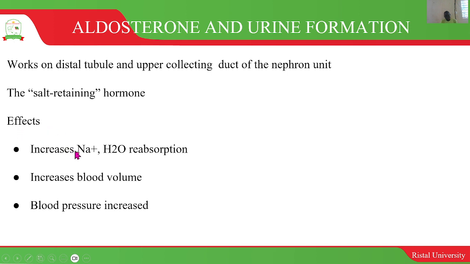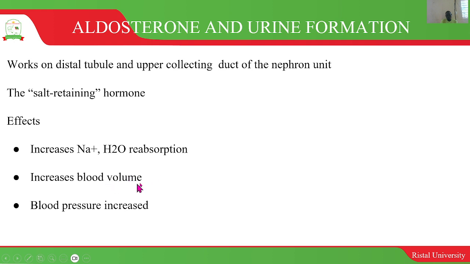Its effects are that it increases the sodium and water reabsorption. So if our body is taking back a lot of sodium, that means we are retaining a lot of this. And what happens when more water and sodium is retained, meaning we are increasing the volume?